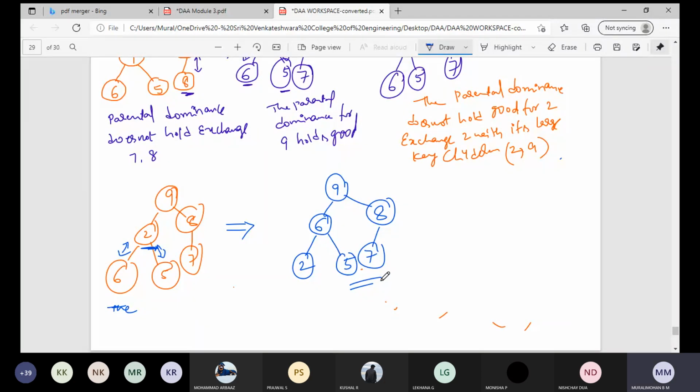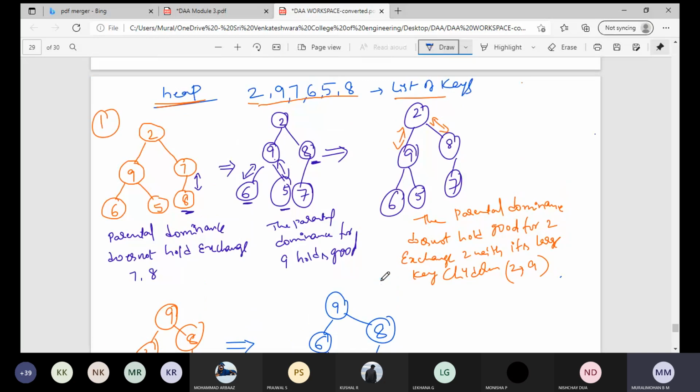This is with respect to the bottom up approach. Kindly remember, in the bottom-up approach, first we will construct the tree, then we will go for heapifying. Heapifying is checking the parental dominance of the keys.